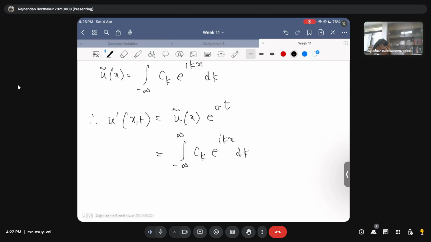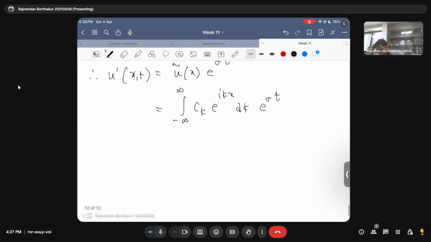And then I have e^(sigma t), which means that u prime of x, t will be equal to the integral from minus infinity to infinity of ck e^(sigma t plus ikx) dk.